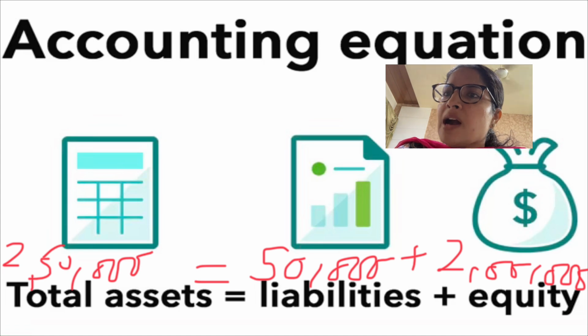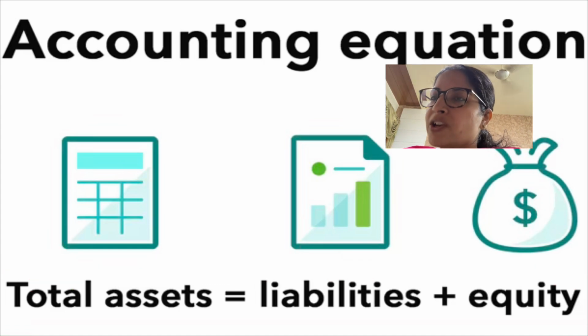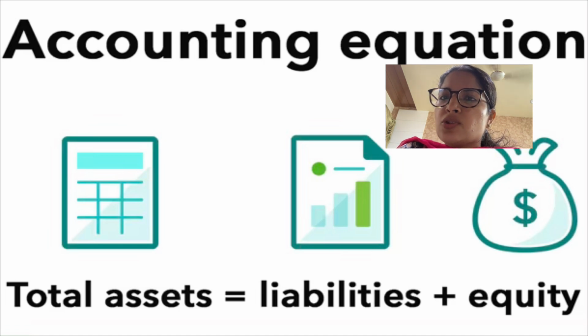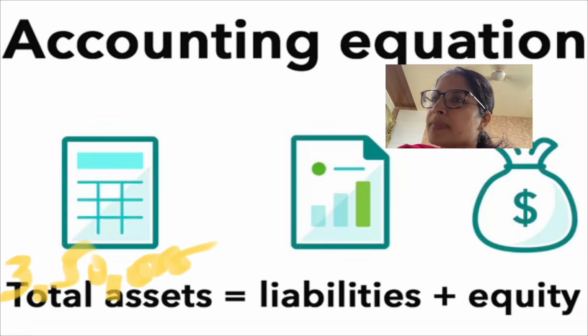So now when you are purchasing the furniture, the left hand side is going to increase by 1 lakh. Earlier your assets were 2,50,000. Now you have purchased the furniture, so the total of the assets is now going to be 3,50,000, right?